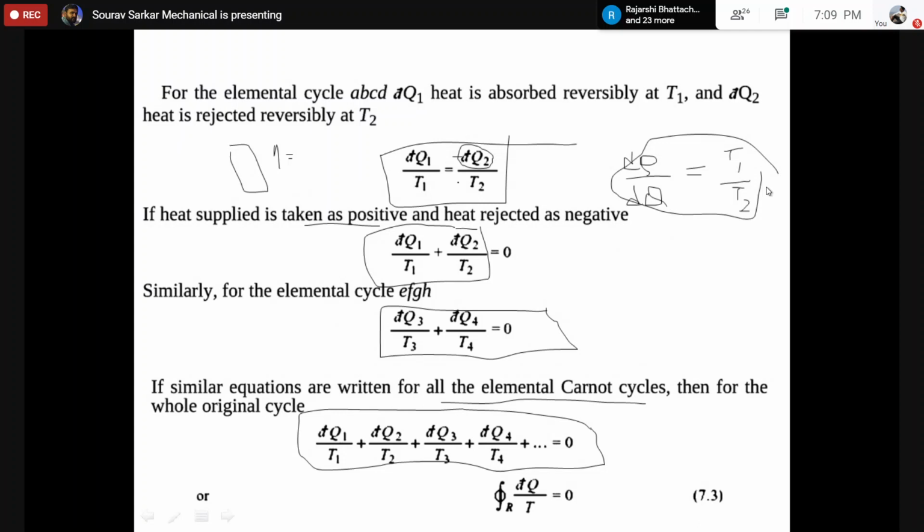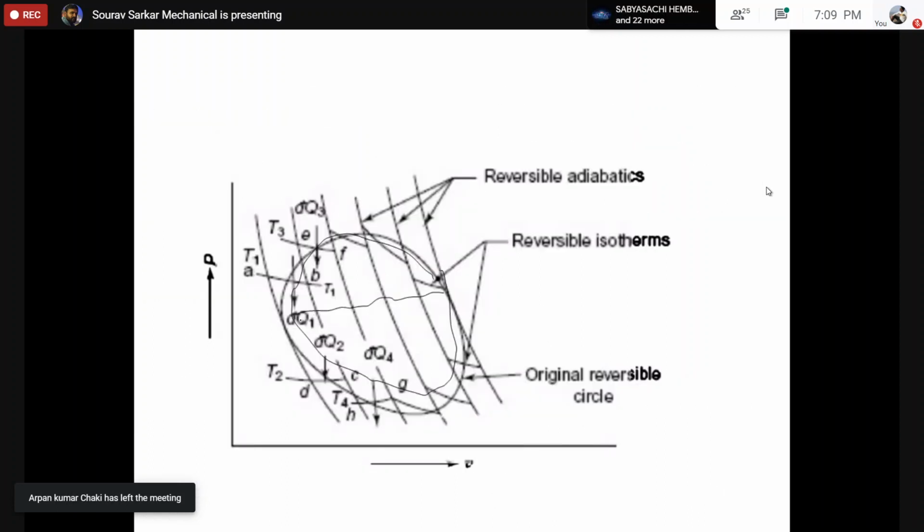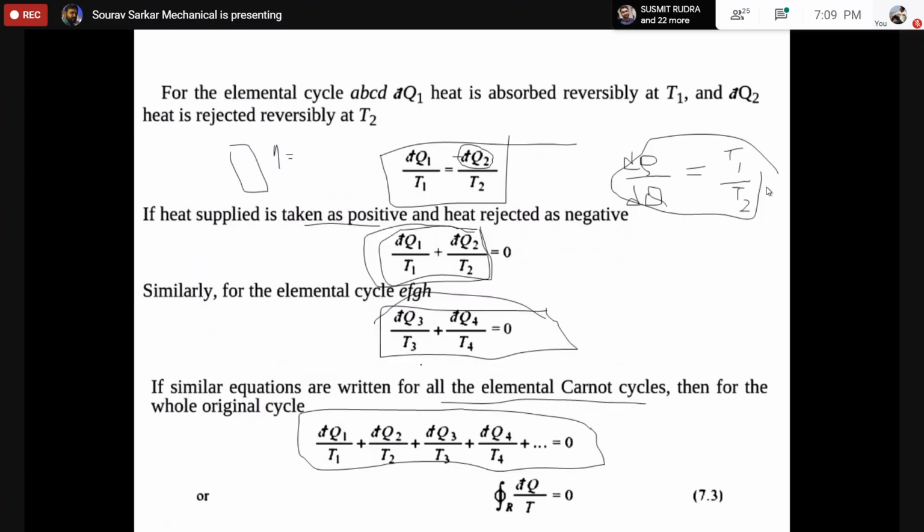If I consider the minus sign, I can take it to this side. So this is the summation of this. If I apply it for all other cycles, because there are several cycles, this is the 1 cycle, this is a 2 cycle, 3 cycle, 4 cycle. So for each cycle, it will look like this. So finally, I can represent this: the cyclic integral of dQ by T equals 0. So this is called Clausius equality.